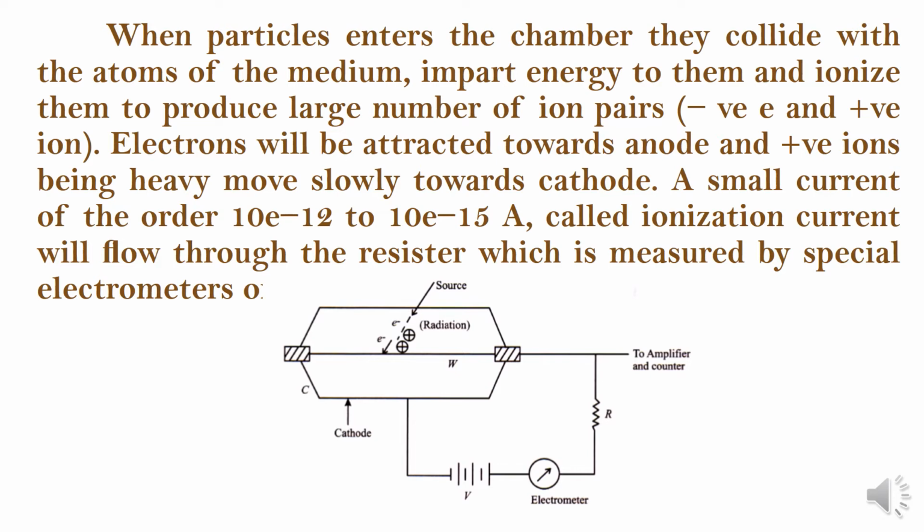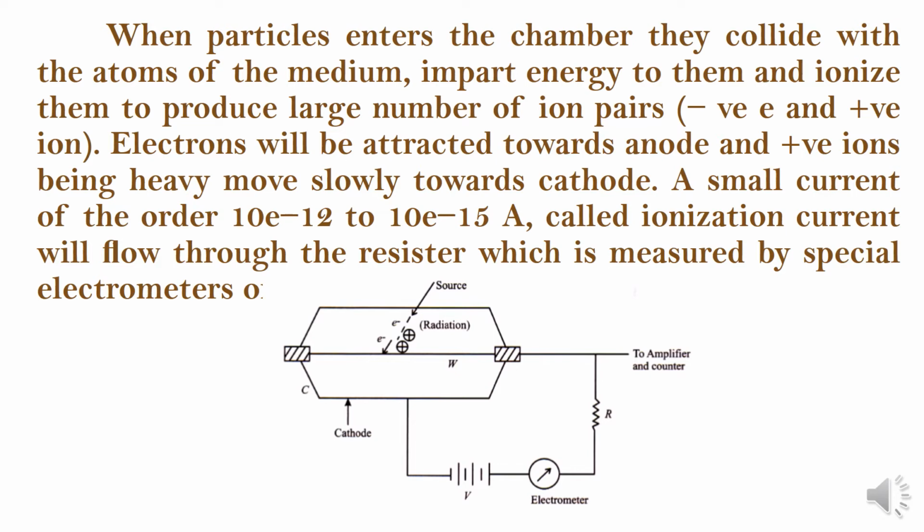Ionization is nothing but removal of an electron from the neutral atom. When an electron is removed from the neutral atom, the remaining part of the atom will become a positively charged ion. Therefore, because of one ionization, we get one electron-ion pair.